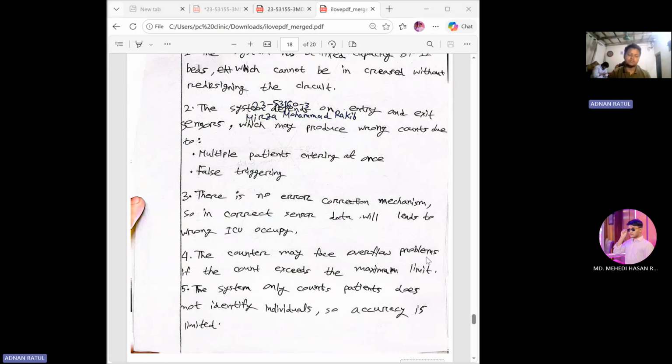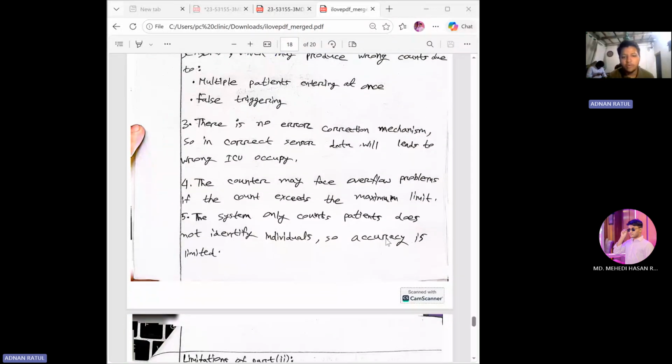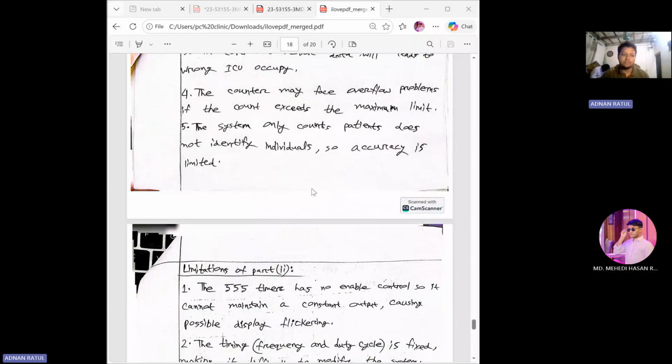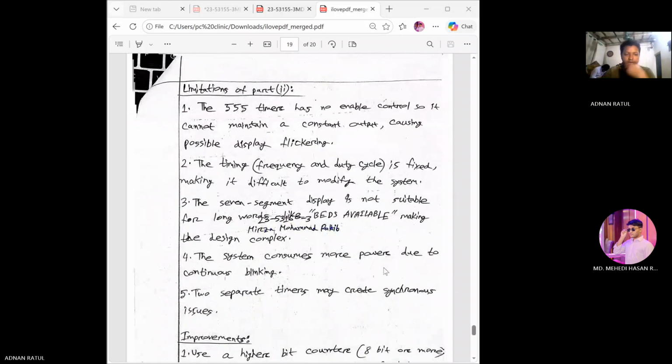There is no error correction mechanism, so incorrect sensor data will lead to wrong ICU occupancy. The counter may face overflow problems if the count exceeds the maximum limit. And the fifth one is the system only counts patients and does not identify individuals, so accuracy is limited.